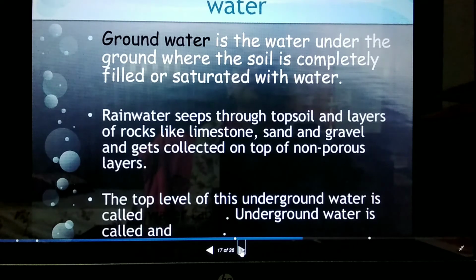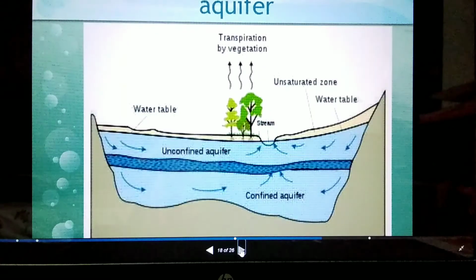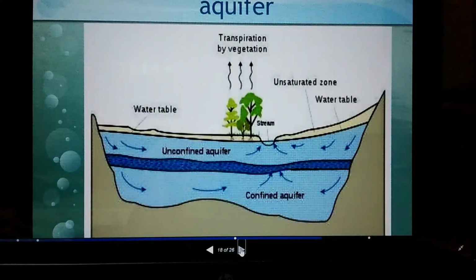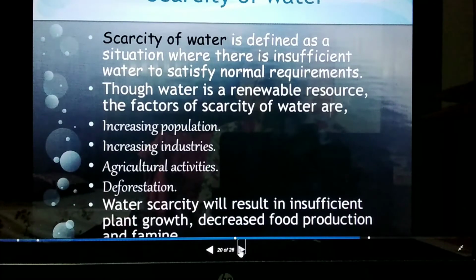The top level of this underground water is called the water table, and the stored water between the rocks and layers of limestone, sand or gravel is called an aquifer. Underground water will be stored between the rocks and forms an aquifer. Dams.